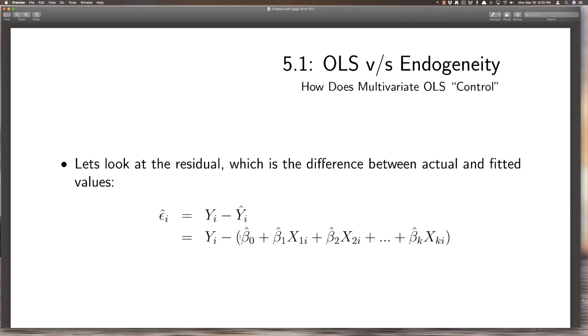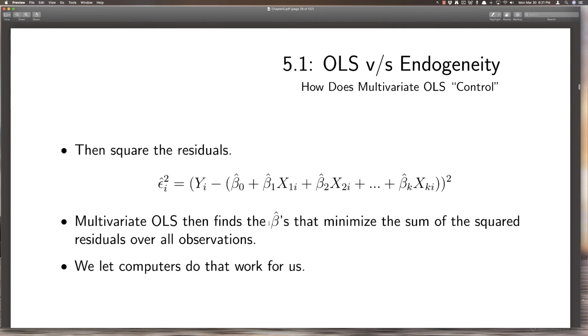So y hat, again, is just the regression equation, but with the estimates of the intercept, the slope for x1, the slope for x2, all the way to the slope for xk, the last control variable in the regression. So we plug that in for the fitted value. We've done all of this before, back with the bivariate regression, but I'm just going to update you now as to what it looks like for the multivariate.